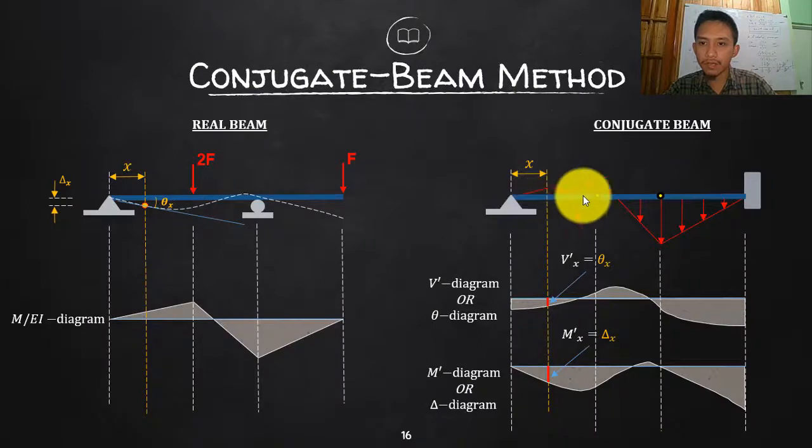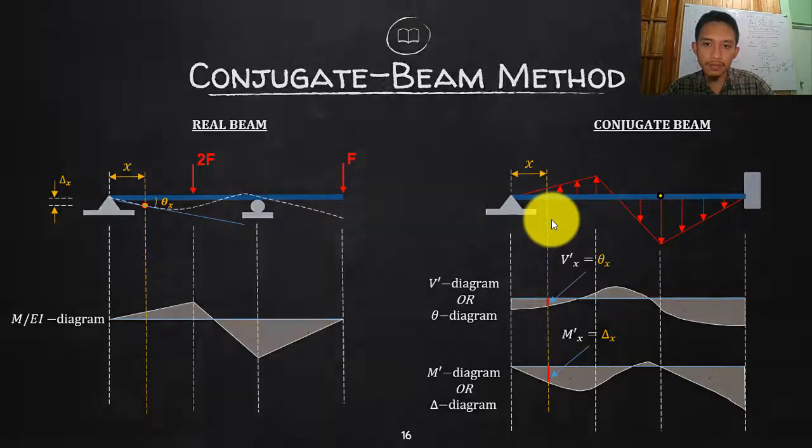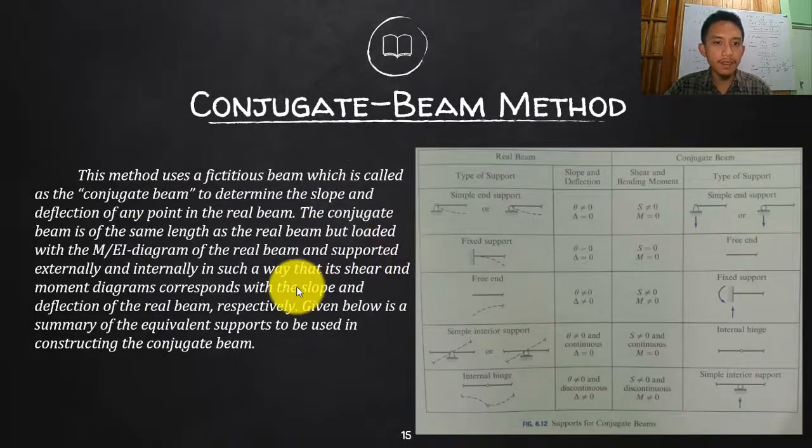So that is now the load of your conjugate beam. So your M/EI diagram, we will use that one as the loading in your fictitious beam. And at the same time, as you can see, your supports change because it says there, supported externally and internally in such a way that its shear and moment diagrams correspond with the slope and deflection.